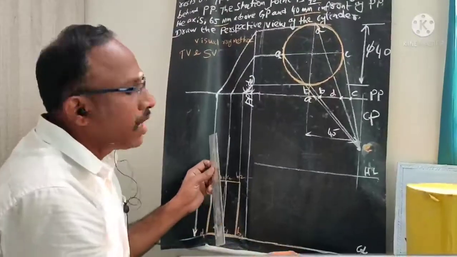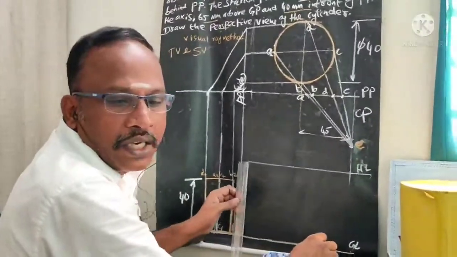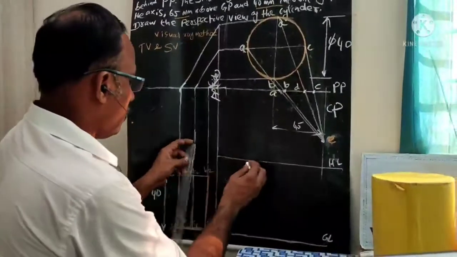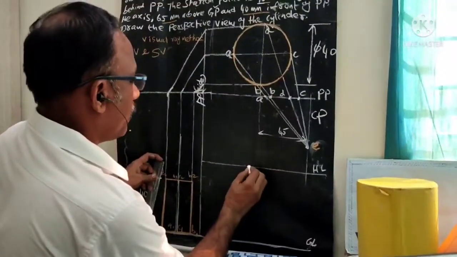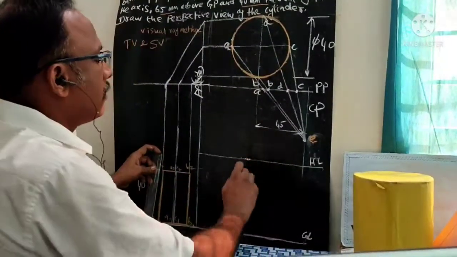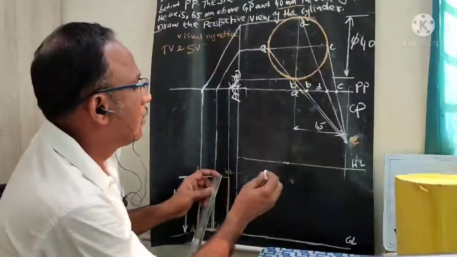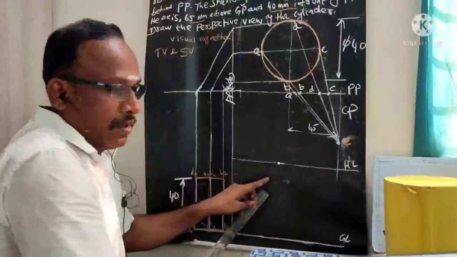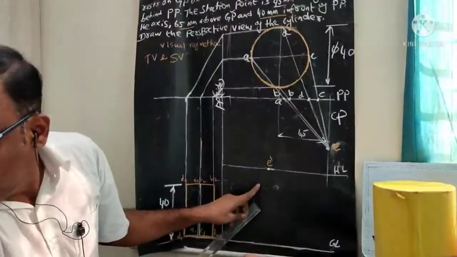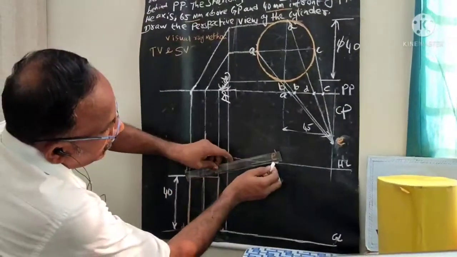Similarly, I want to mark another station point in the HL line. That is also 40 millimeter in front of this PP line. So I want to mark here, for example, this is going to be my E dash point. Now I need to join this E dash point with the top corners of the cylinder.